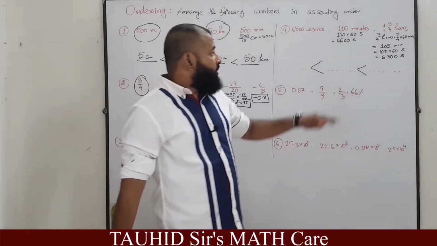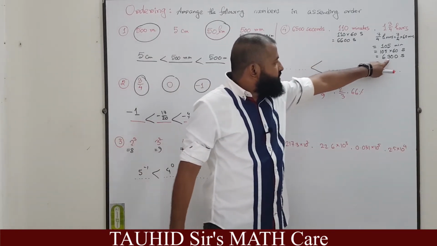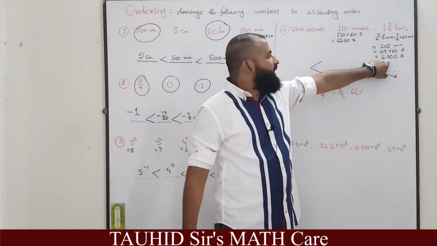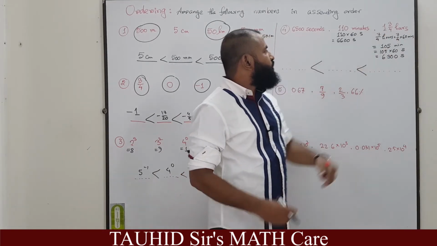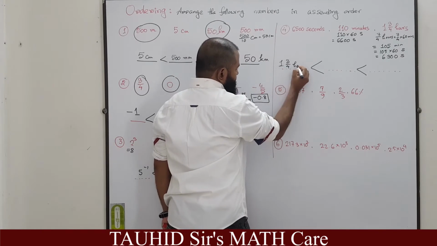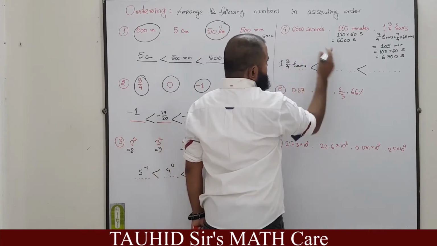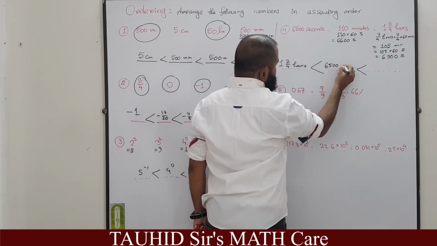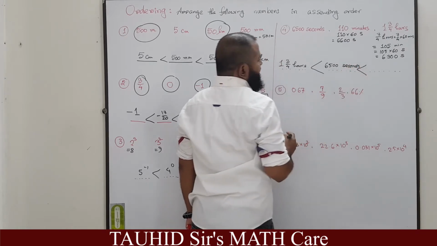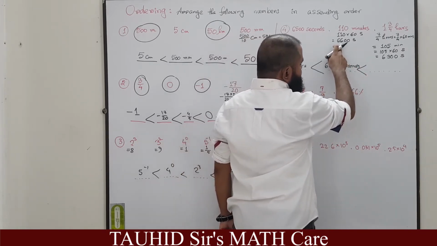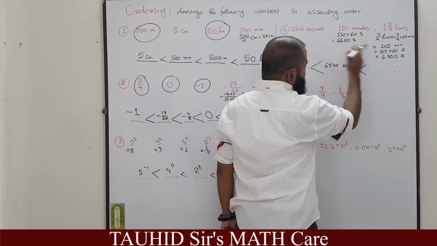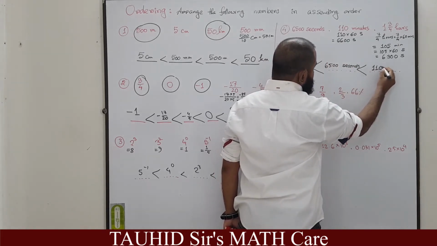So from here we can clearly see that the smallest one is 1 whole 3 by 4 hours. Next, 6500 seconds, and the largest one is 6600 seconds or 110 minutes.